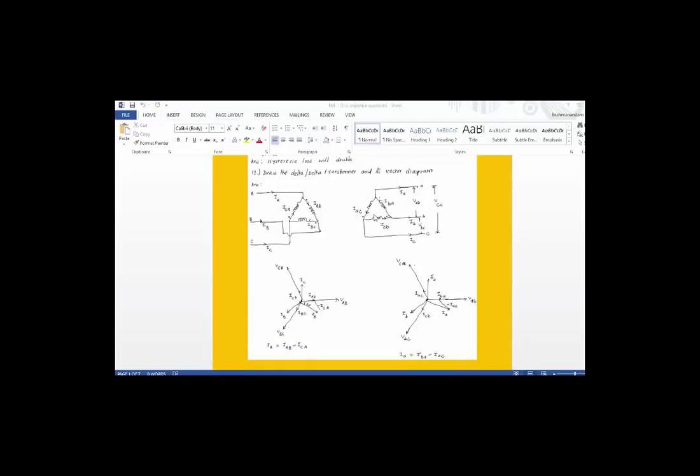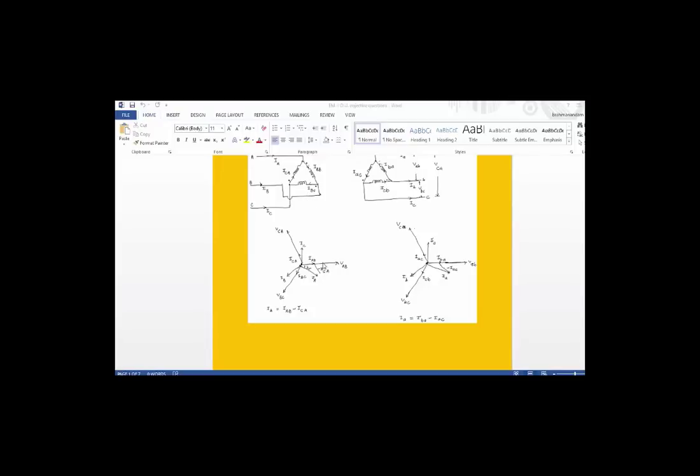Similarly here the per phase currents are IAC, ICB, similarly IBA, and these are the line currents IA, IB and IC. Similarly here also IA, IB and IC.